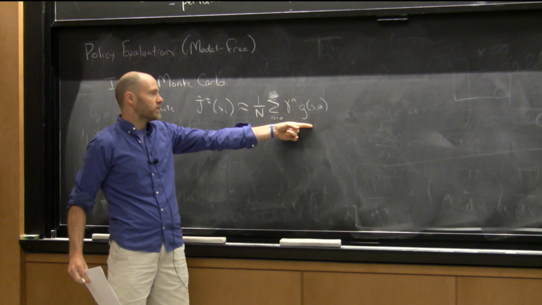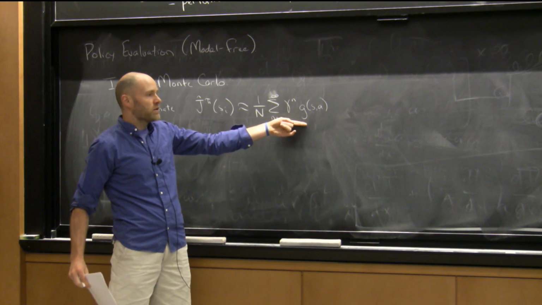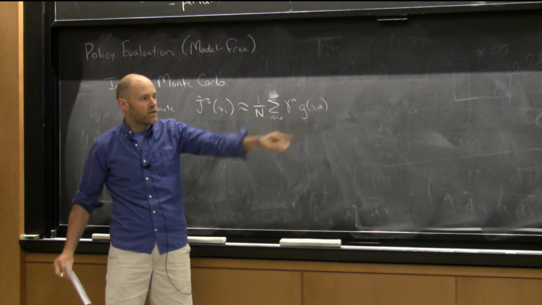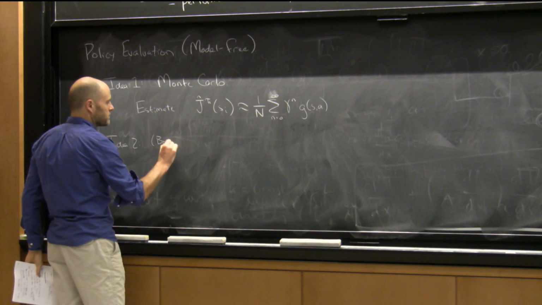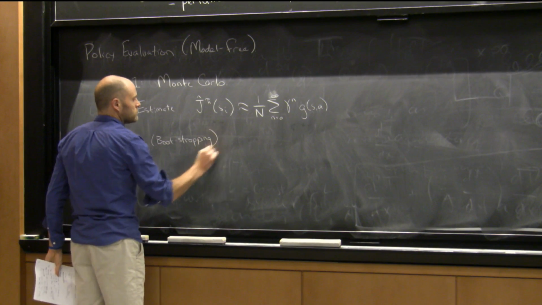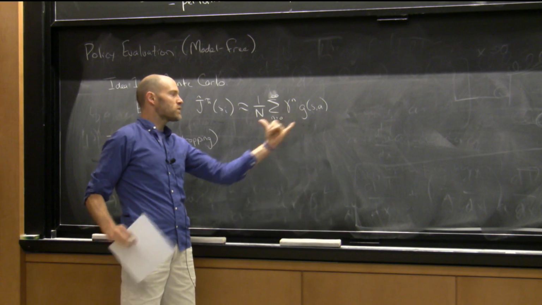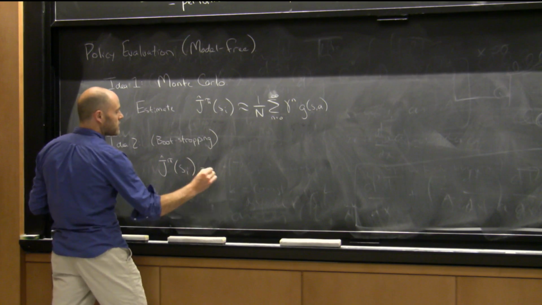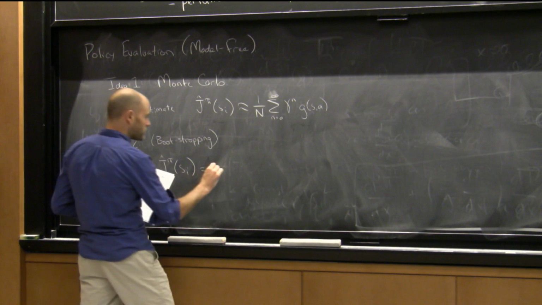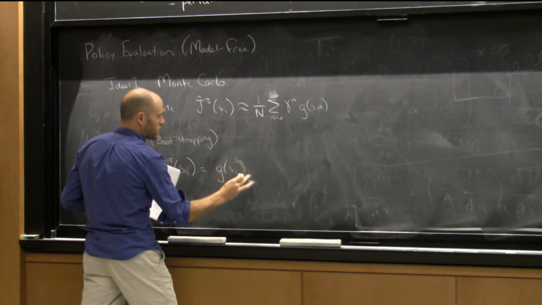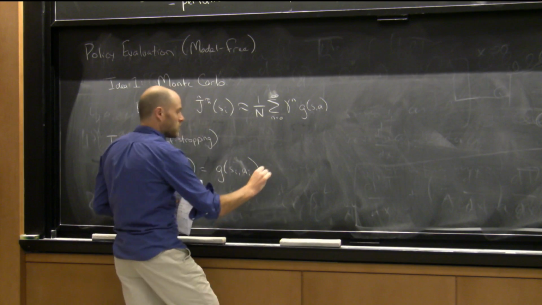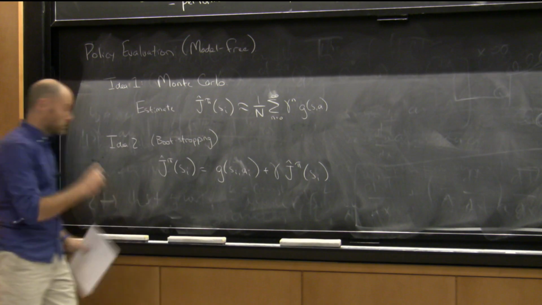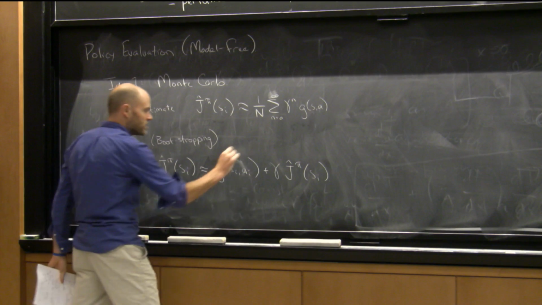It might take a lot of N to get a good estimate of J. What if we could use that same sort of observation and the recursive form and additive cost form of the cost function to then bootstrap, people call this bootstrapping in reinforcement learning, to somehow maybe improve the efficiency of my reinforcement learning algorithm by saying that J pi of s_i is my real data for one step plus the estimate of my cost in the future. Where these are now sample points.